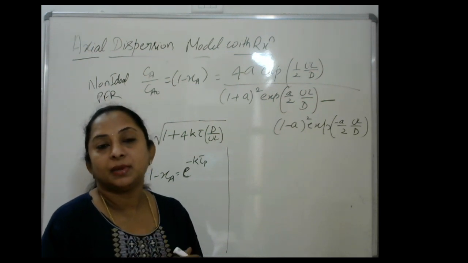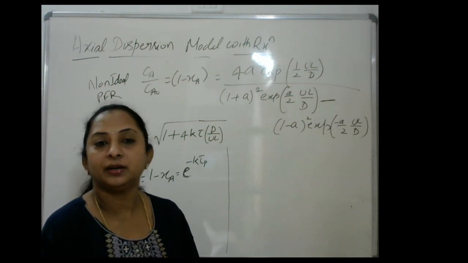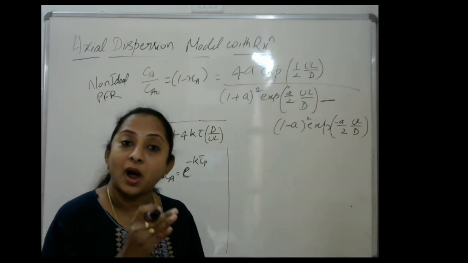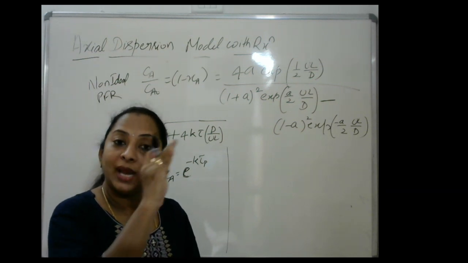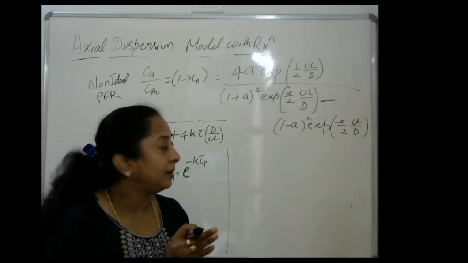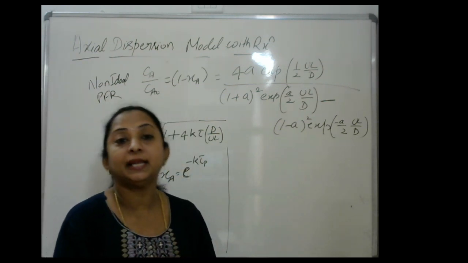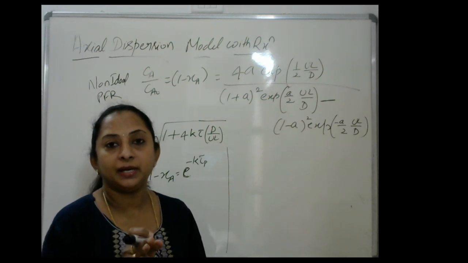What is it? Sigma square by t bar square is equal to 1 by N. So like that you can find the number of tanks. After that you can also find t bar. Once we find t bar, V and V naught can be decided. That is how, after modeling and developing the equations, you can design the reactor. I'll repeat.